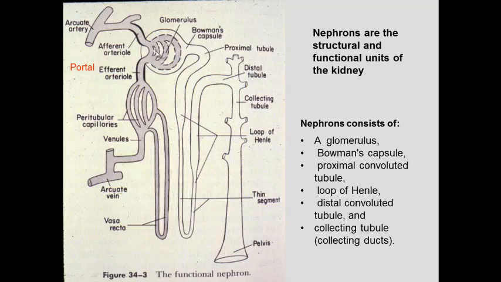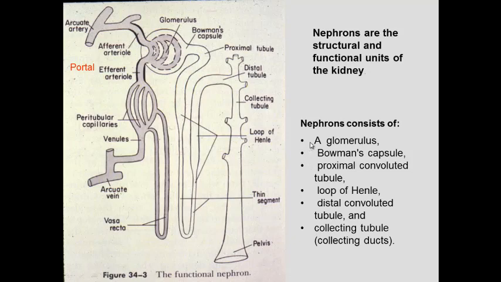That's the first capillary network in this portal system. And then from there you have the proximal convoluted tubule, and then a descending portion of the proximal tubule, a thin loop of Henle, ascending portion of the distal tubule, and then the distal convoluted tubule, and that empties into a collecting duct. And then the collecting duct goes out to the pelvis through a papillary duct.